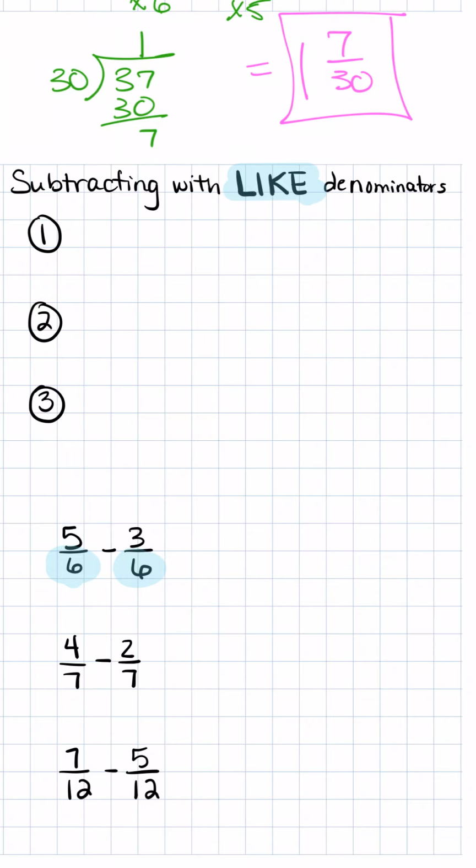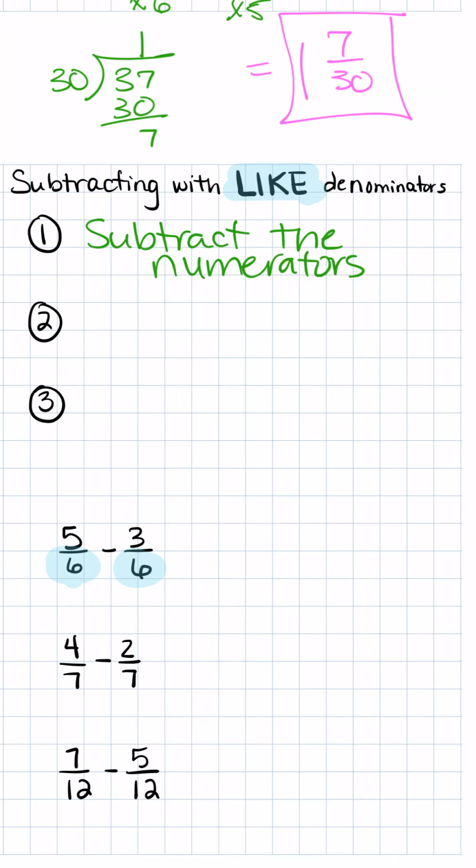So our first step is, wrong tool, subtract the numerators. So our numerators are 5 and 3. 5 subtract 3 is 2.